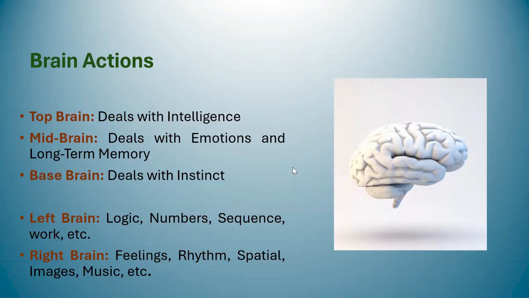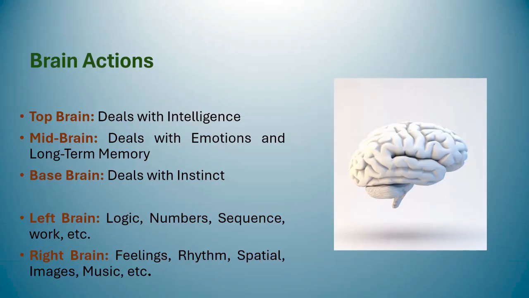It helps in long-term memory. And then there's the base brain. Base brain deals with our instinct. The instinct may be literary, the instinct may be sportive, any type of instinct. So base brain deals with instinct, midbrain deals with emotions and long-term memory, and top brain deals with intelligence.